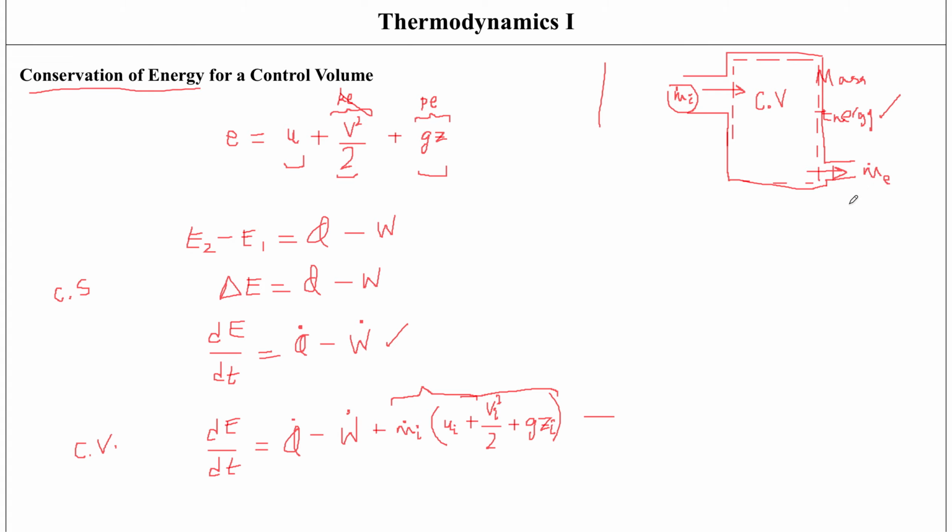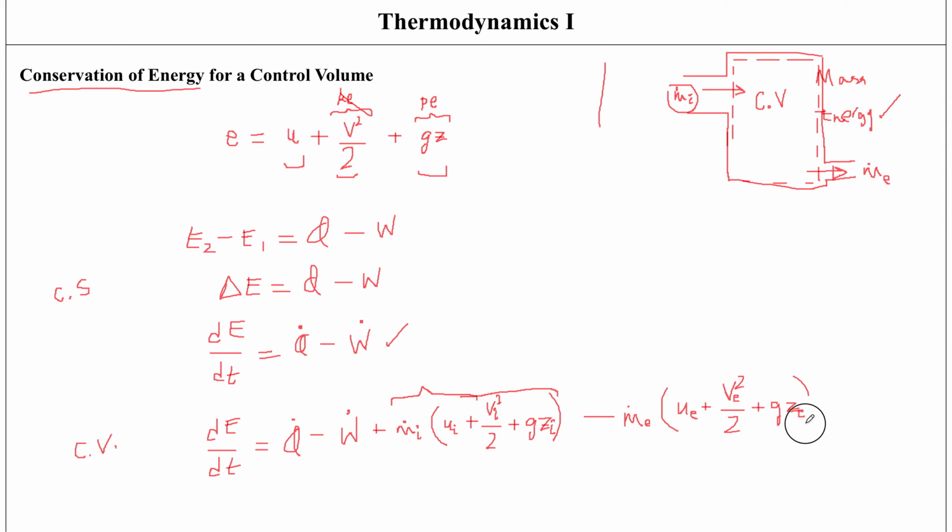And now I have to account for the rate of transfer of the internal energy, kinetic energy, and potential energy of the exiting stream as well. So minus m dot e times the same thing, but it would have to be the exiting fluid's energy: u e plus the velocity of the exiting stream squared divided by 2, plus g z e.